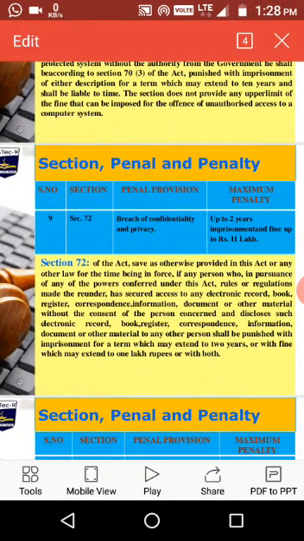Save as otherwise provided in this Act or any other law for the time being in force, if any person who, in pursuance of any of the powers conferred under this Act, rules or regulations made thereunder, has secured access to any electronic record, book, register, correspondence, information, document or other material without the consent of the person concerned and discloses such electronic record, book, register, correspondence, information, document or other material to any other person, shall be punished with imprisonment for a term which may extend to 10 years, or with fine which may extend to 1 lakh rupees, or both.